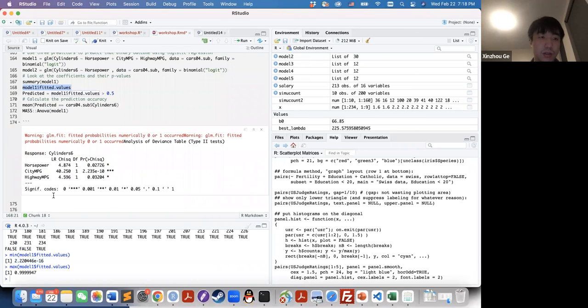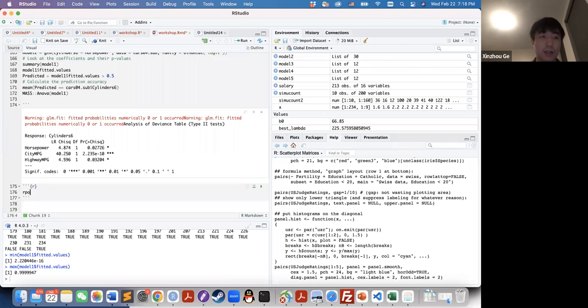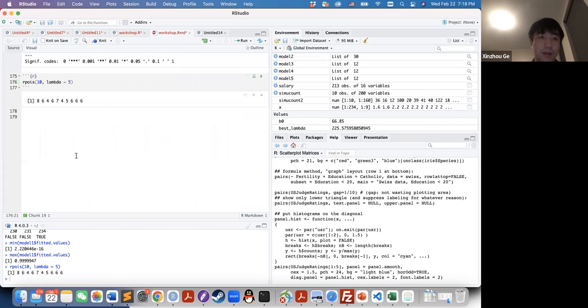So let's go to R, and we can generate Poisson random variables. For example, we generate 10 Poisson random variables and make lambda equal to 5, so that the variance and mean will both be 5. Let's look at what the data look like.